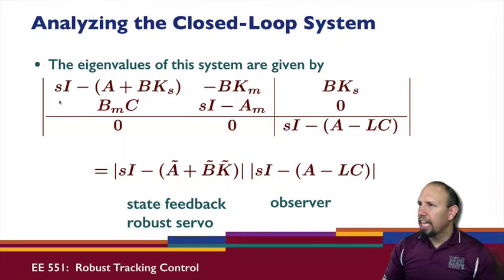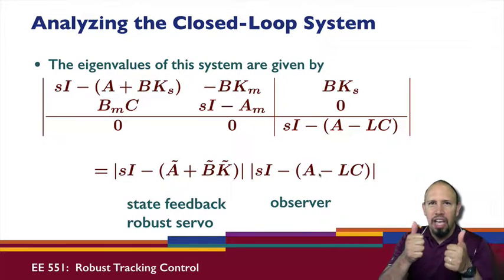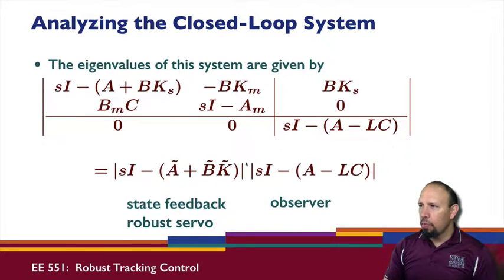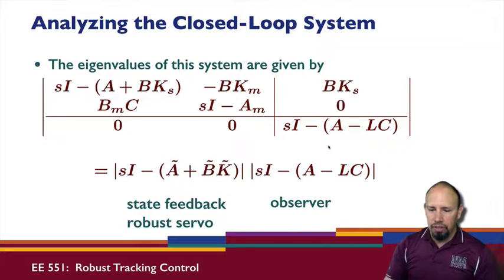We can go through and show that this characteristic polynomial is in fact the state feedback poles for the robust servo. Those pop out independent of the observer. So once again, we have this separation principle, and we can choose the robust servo eigenvalues separate from the observer eigenvalues.